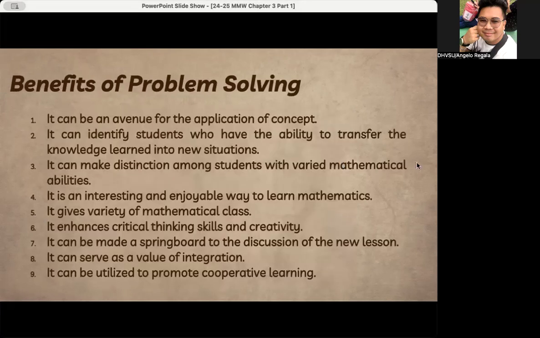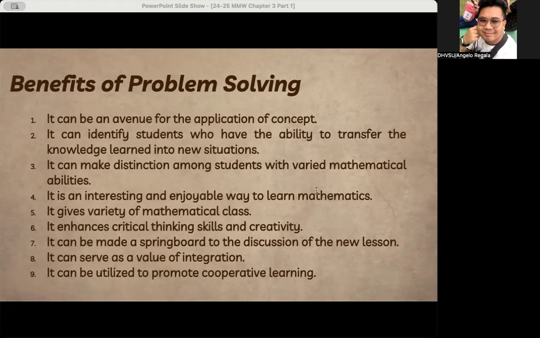So next one are the benefits of problem solving. Now, if you were able to master the problem solving skills, okay, understanding problem solving can be an avenue or a platform for you to apply different concepts or different ideas. So binibigay namin yung mga worded problem na ito para ma-apply ninyo yung mga natutunan ninyo.